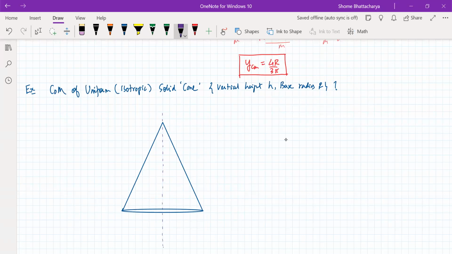Only for convenience, I'll take the apex as my origin and the y-axis downwards. You can also do it the other way around. You can take the origin as the center of the base also, but you will see why this is more convenient, just for writing out the integration.